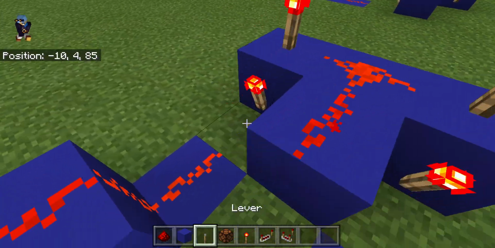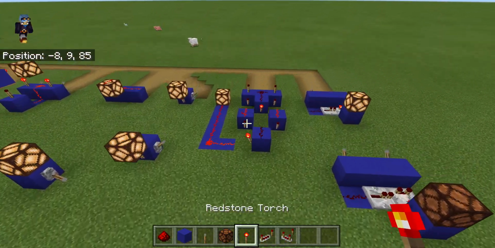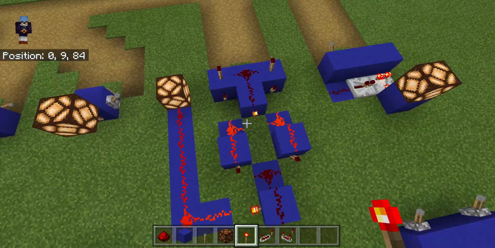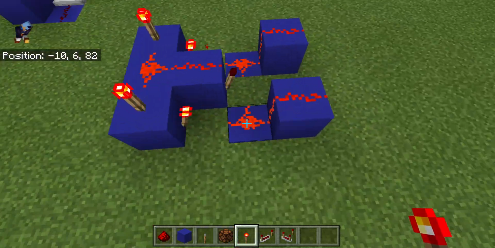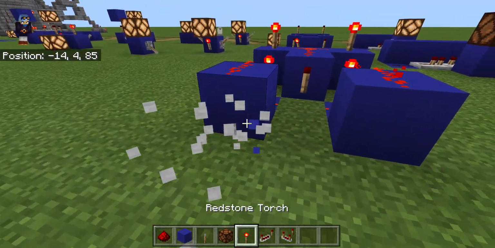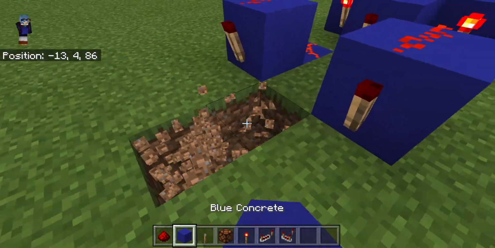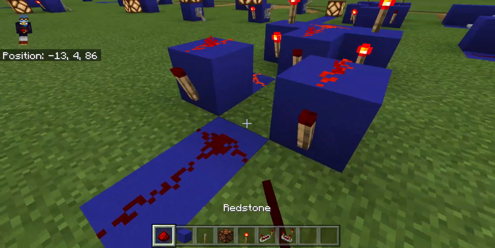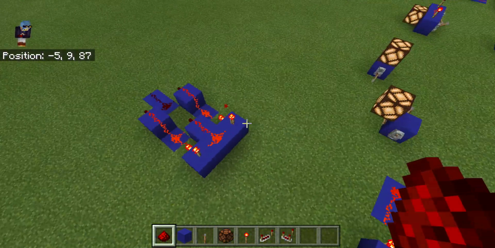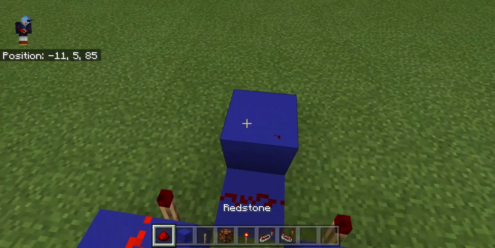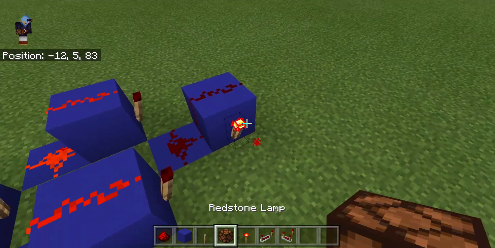And then I'm going to need a redstone torch right here, that's running into that. And then I need torches right here. See, even I don't remember this. Running into this, and then this right here. This is your output.